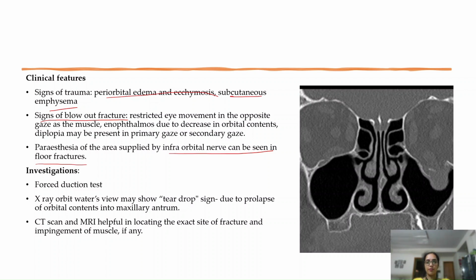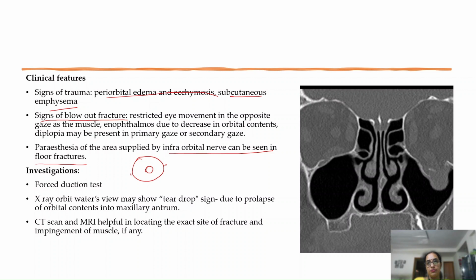In this, the eyeball is moved in the direction of restricted motility. Suppose the eyeball does not elevate because the inferior rectus is caught in the fracture of the floor of the orbit. What we do is use two forceps to hold the eyeball at the nasal and the temporal limbus, and under topical anesthesia we move the eye upwards.